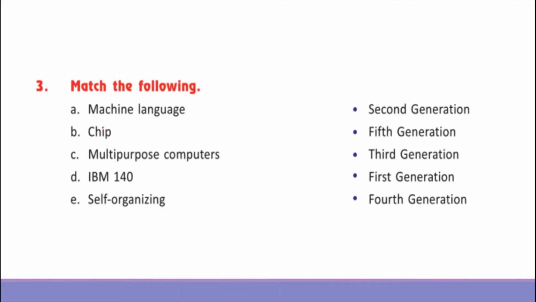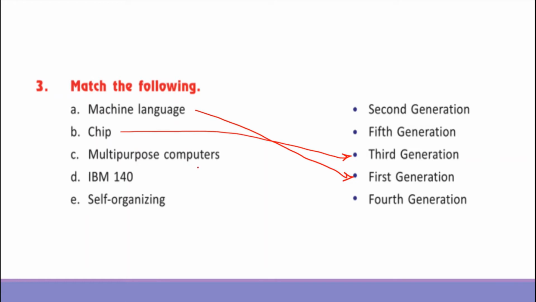A. Machine language. Machine language was of the first generation. So match it with first generation. B. Chip. Chip was used in third generation. So match chip with third generation. Now see, multipurpose computers.